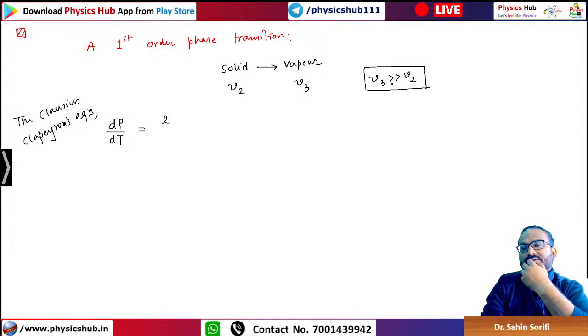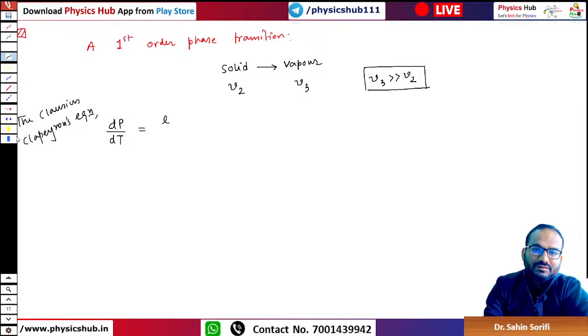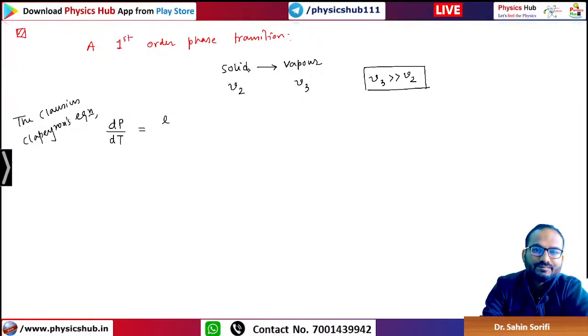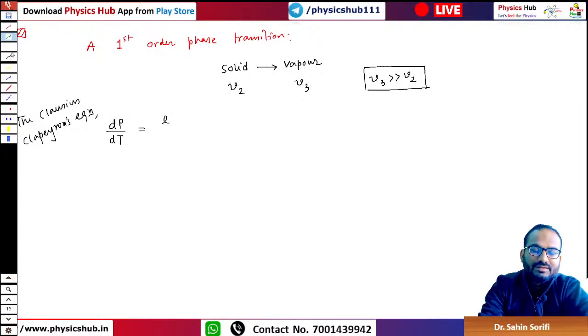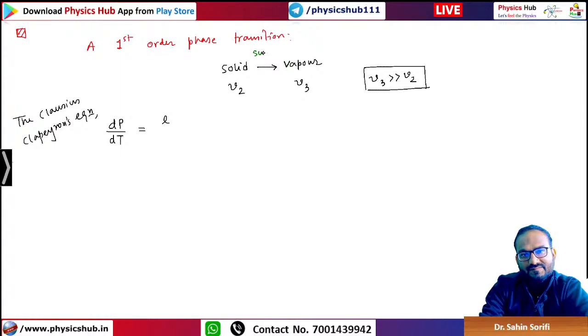V2 to V3, the V3 is much greater than V2. The volume of gas is much more than the volume of solid. What is this process called, solid to vapor? Sublimation. Yes, sublimation.